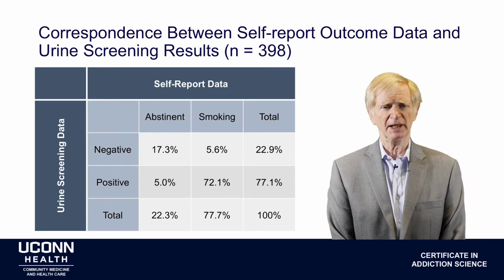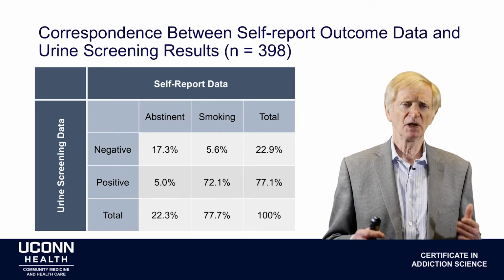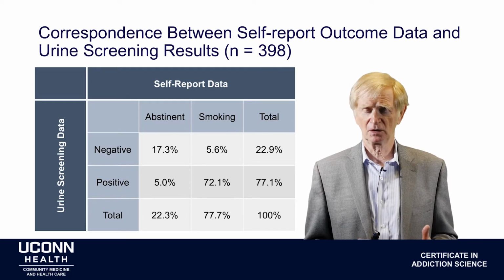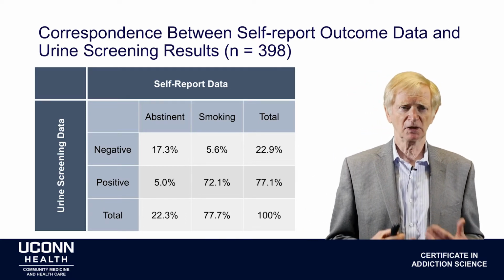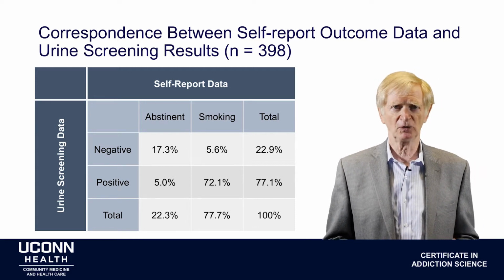One way of looking at that to convince the skeptics is to compare what people said in their self-report questions to the urine screen data collected at the time they were interviewed at the 4-month follow-up.